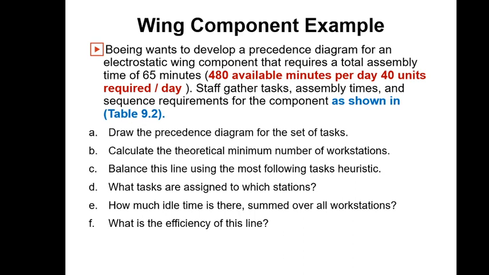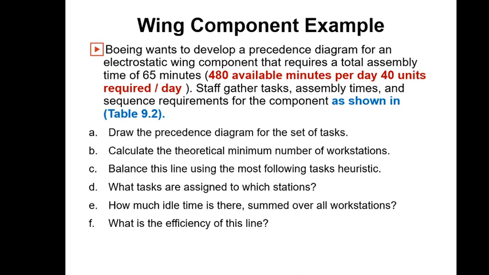And I also told you last meeting, if you recall, that you have to balance your assembly line by assigning the specific tasks to each workstation, and of course, after you calculate the minimum number of workstations needed for your assembly line. We discussed all of this theoretically last meeting.